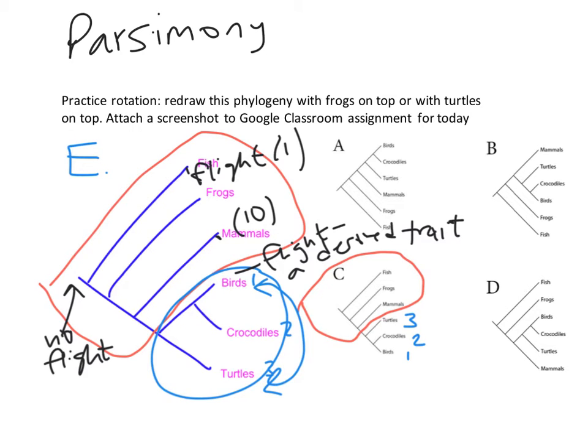So, in other words, derived traits represent evolutionary novelties. Something new shows up. New trait, flight, the eyeball, thumbs, opposable thumbs, that is, one that makes us special.